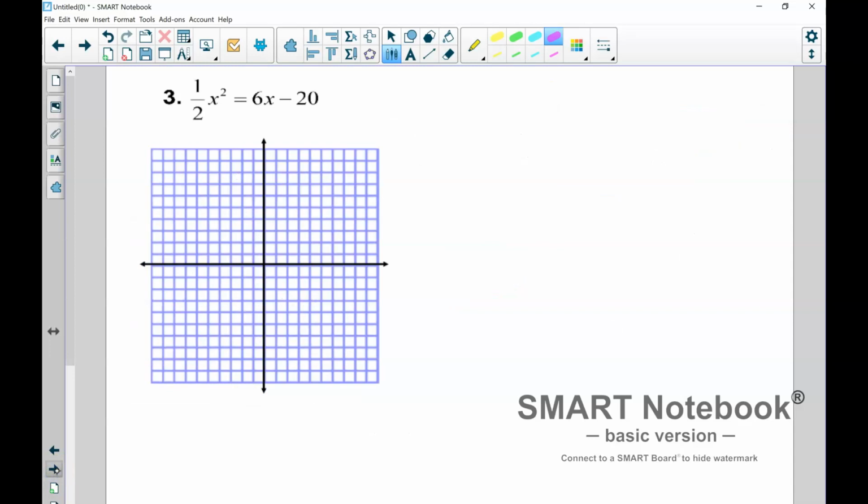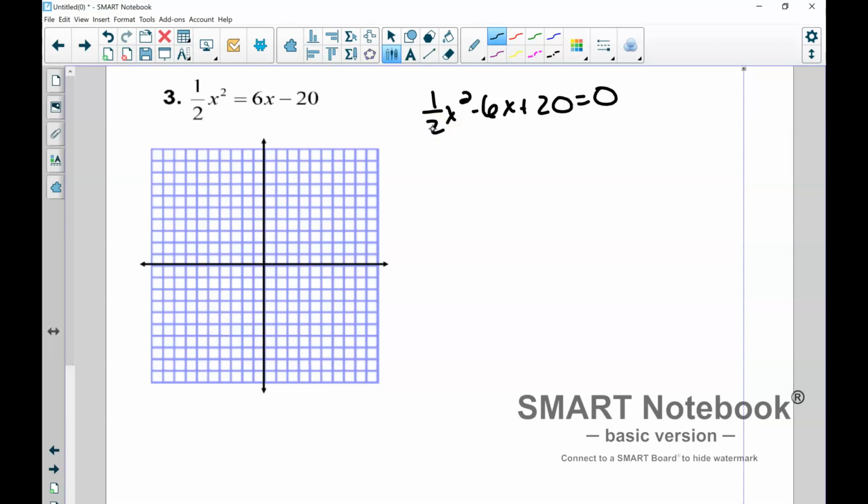All right, next problem. So let's get everything on one side. So I have 1/2 x squared minus 6x plus 20 equal to 0. So this one does not seem as easy to factor. Anytime you have a leading coefficient here of a number, I would not factor it, even when it's a fraction.